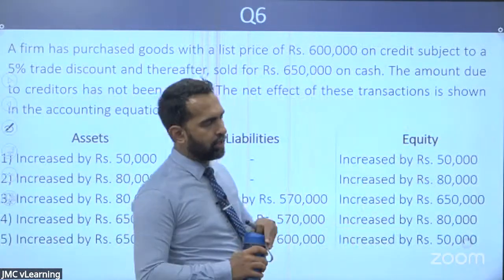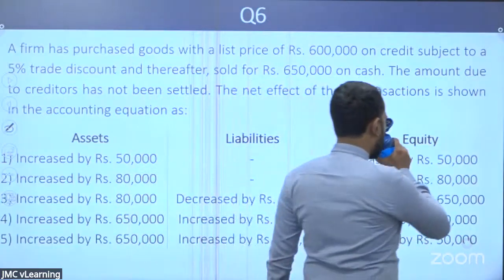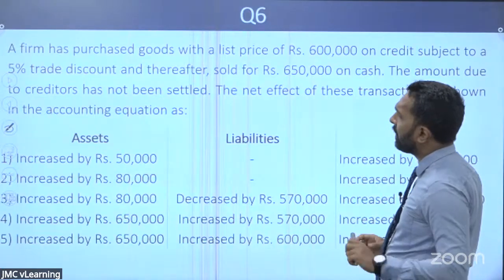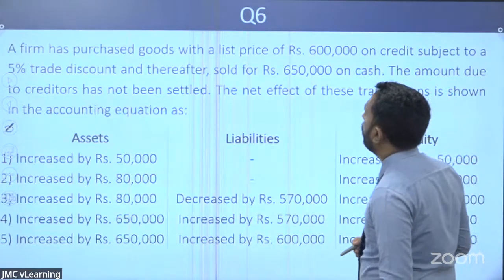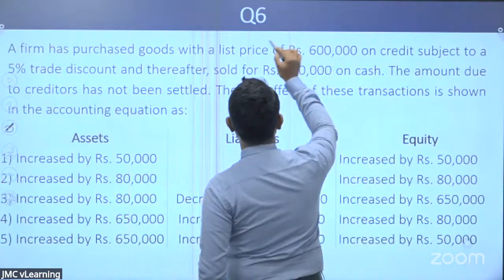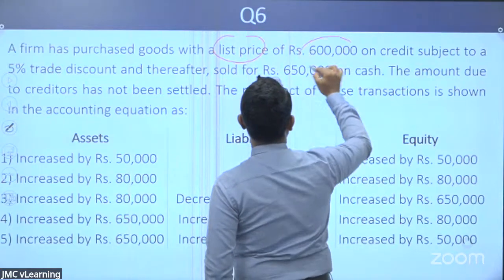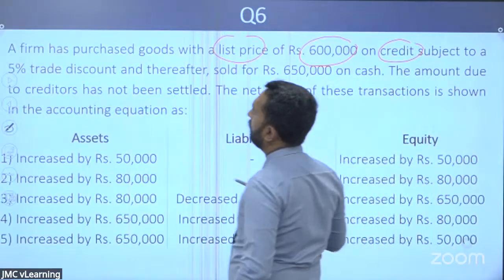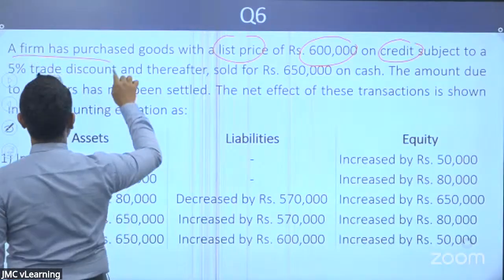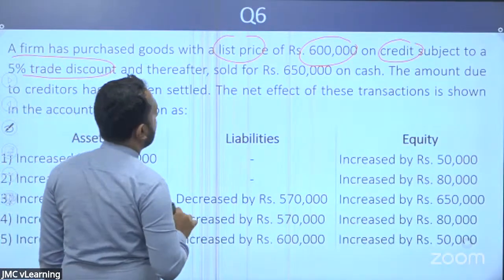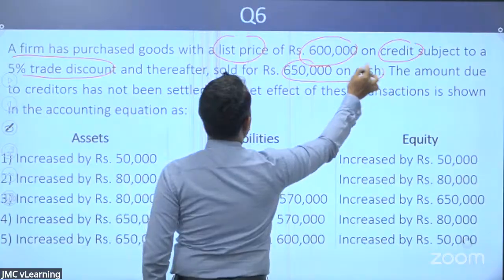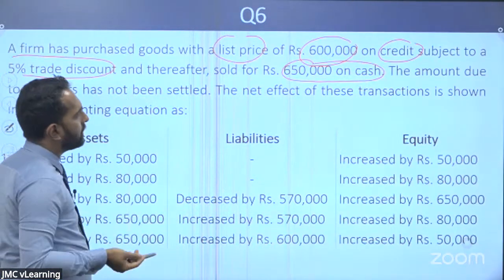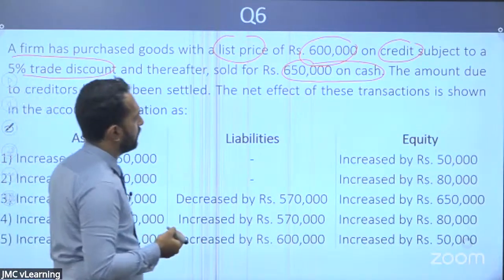Then we look at this question here. A firm has purchased goods with a list price of 600,000 on credit, subject to a 5% trade discount, and thereafter sold for rupees 650,000 on cash. The amount due to the creditor has not been settled. What is the net effect of these transactions?